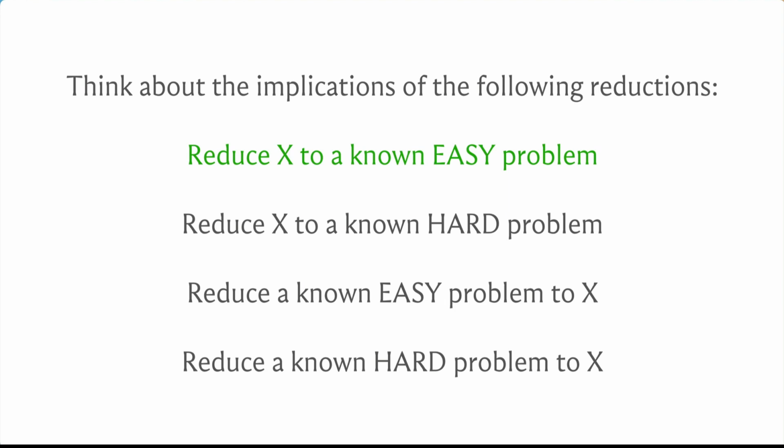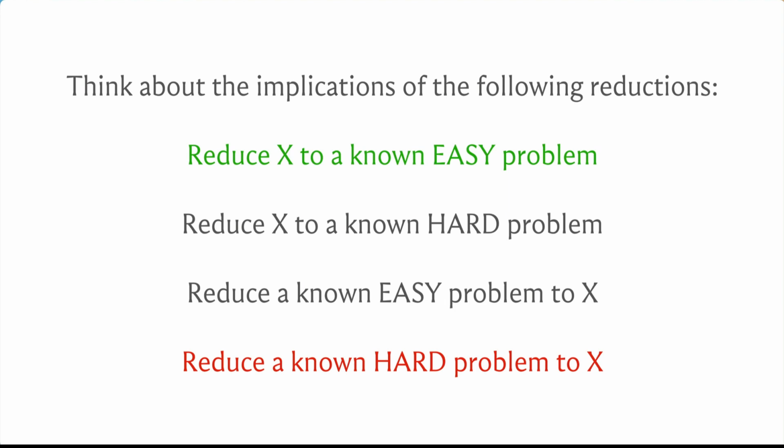You are in business because now you can take this reduction and pipeline it into the algorithm that you already have for this known easy problem, and combined with the correctness of that algorithm and the ammunition you have from the reduction, which is supposed to produce equivalent instances, you actually now have an algorithm for the problem X. So this reduction basically amounts to solving X, which is very productive, and that's great whenever you can do it. This is what has been happening all along with all the examples that we saw around flows.